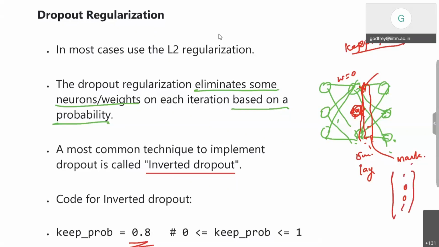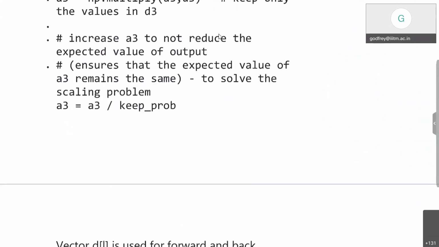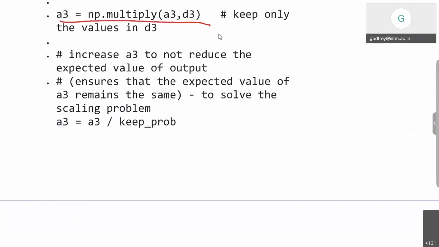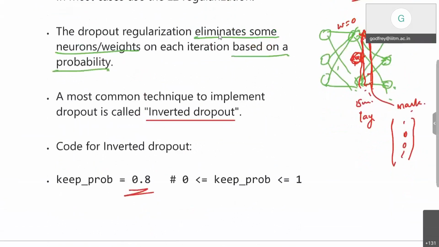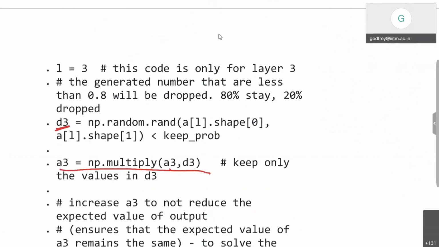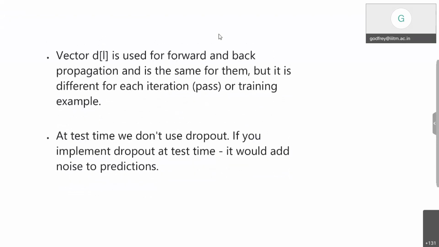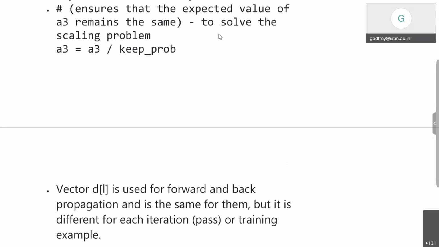Element wise, I multiply this mask with the outputs, and then I will drop some of them, so the output from this neuron will be only 0, and subsequently all these weights.